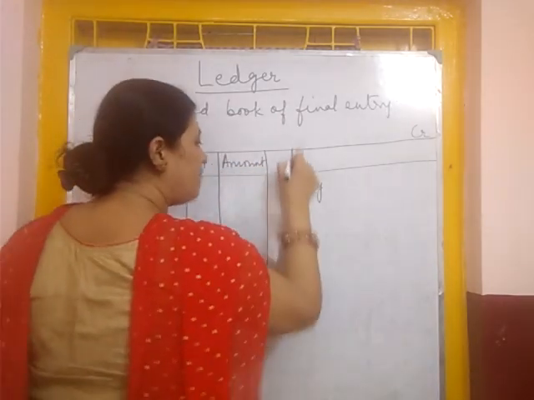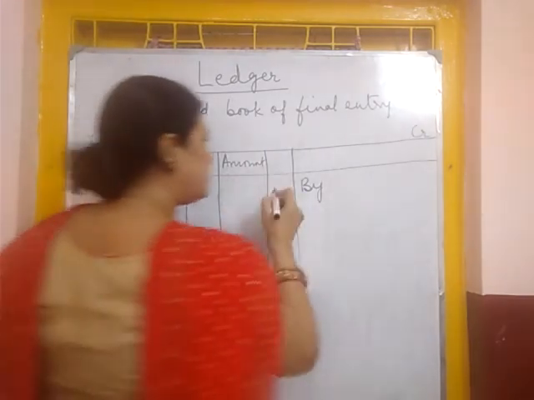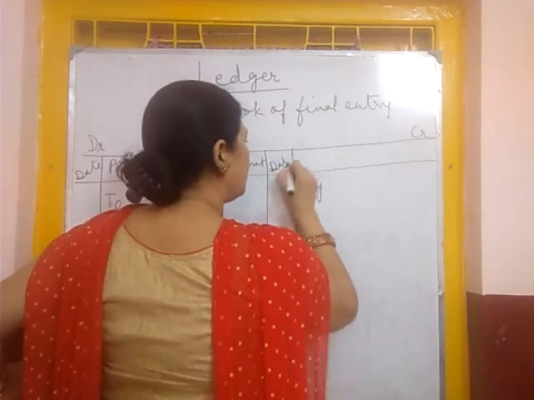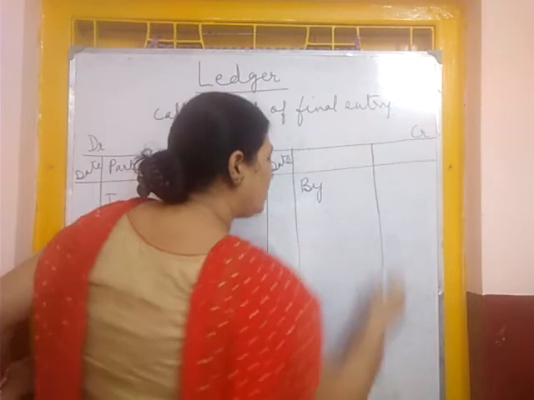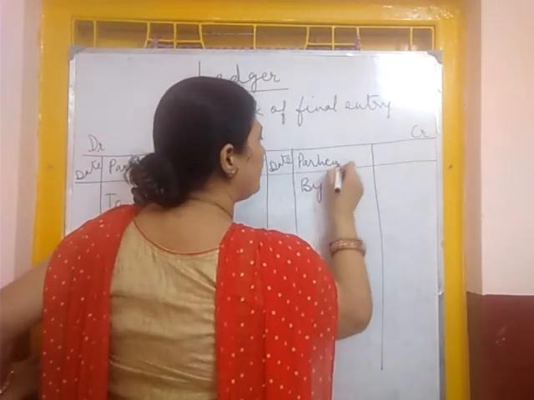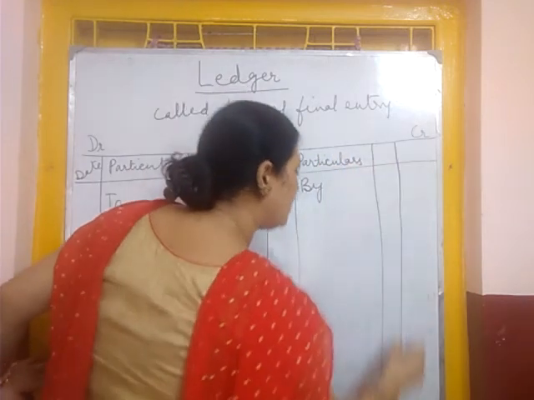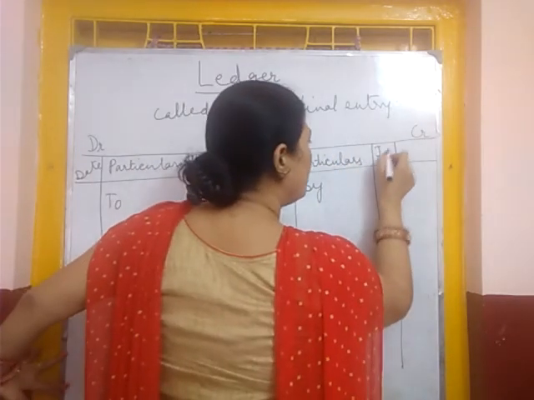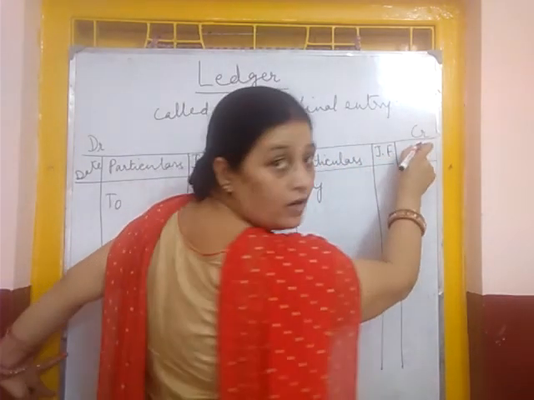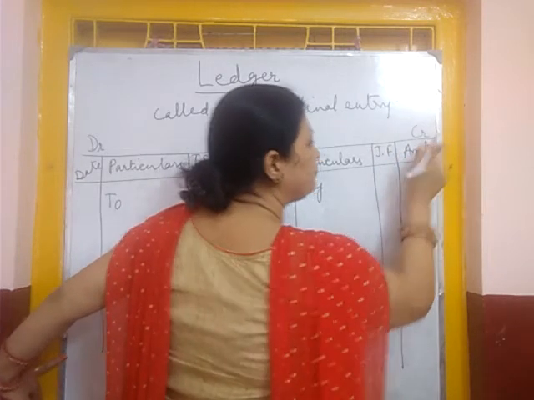In the same manner, we will have the right hand side as well. On the right hand side, the first column is date, then we have particulars, then journal folio JF. JF means journal folio, and the last one is the amount column.